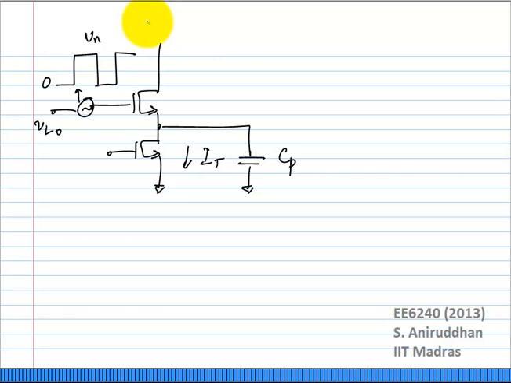Okay, so during the positive cycle you apply Vn, during the negative cycle you apply 0. So since Vn is much larger than VLO, you can assume that the system is linear, first of all. So linearity is valid. What is the time constant at this node X?